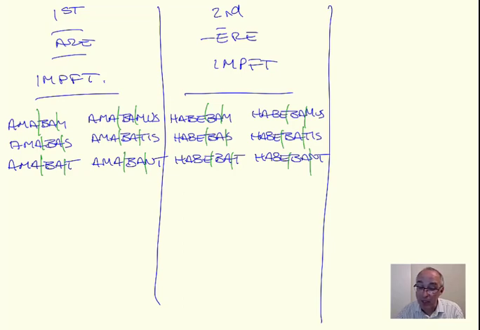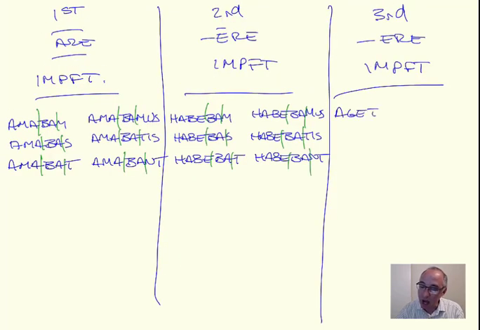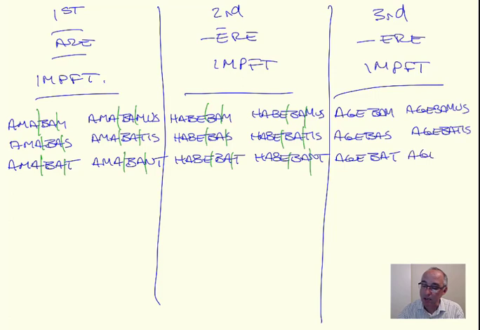And guess what? In the third conjugation, no distinction, no irregularity. The imperfect tense. Ago we used, agebam. That E does not shorten up. There's no need for it here. Agebas, agebat, agebamus, agebatis, agebant.